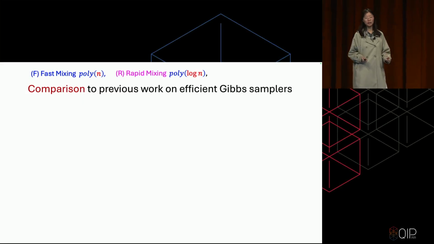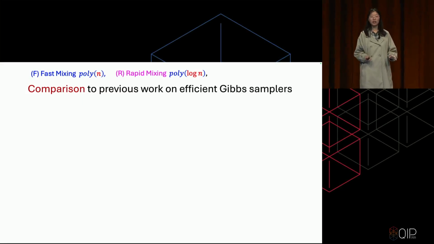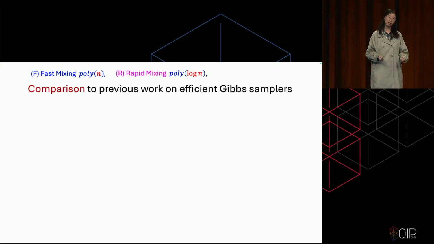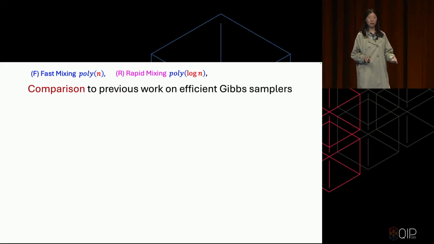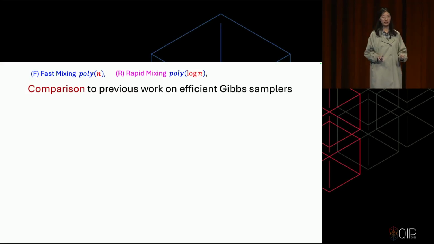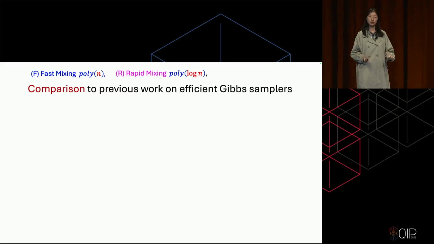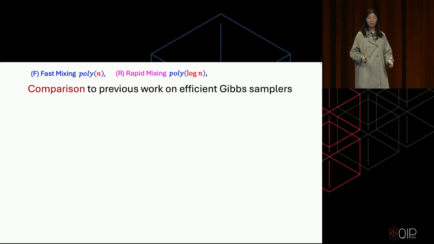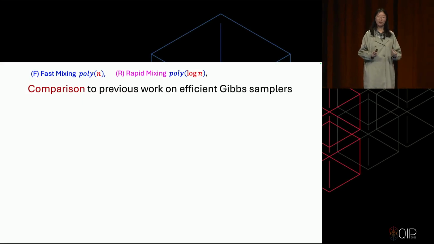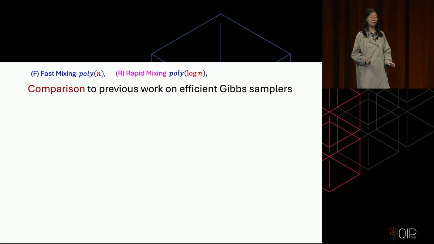The first notion, abbreviated as F, is fast mixing, which means your algorithm will converge in polynomial time, so it's efficient in a theoretical sense. The second notion is called rapid mixing, which means the mixing time is poly-log, so it's even faster. In short, fast mixing is efficient, and rapid mixing is even more efficient. So now we are ready to give a comparison between our work and previous work.